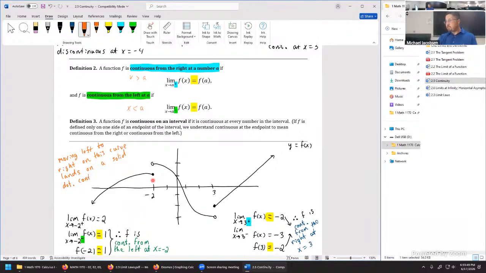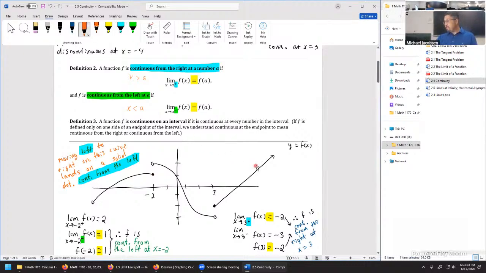This means continuous from the left. So that's the whole punchline. If you're on this curve and you moved left to right, and you do in fact land on a solid dot, that is the essence of continuous from the left as a visual graph.